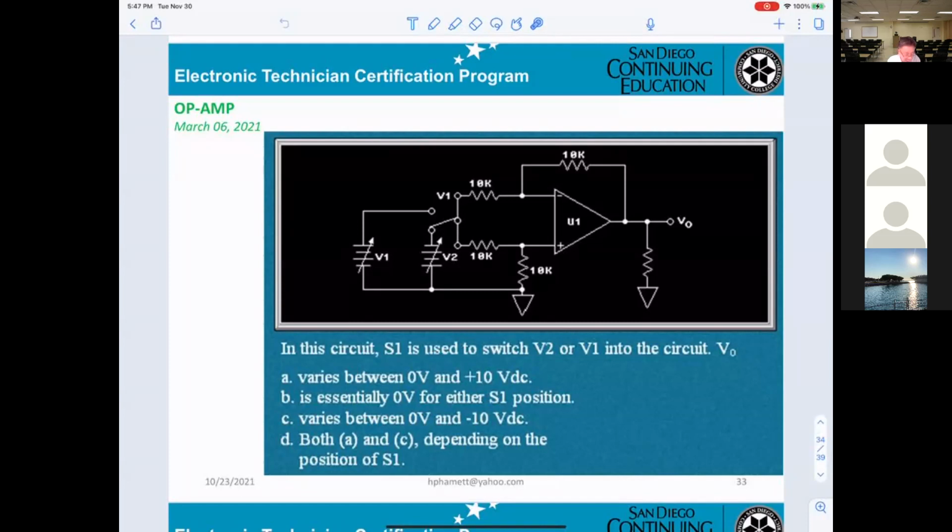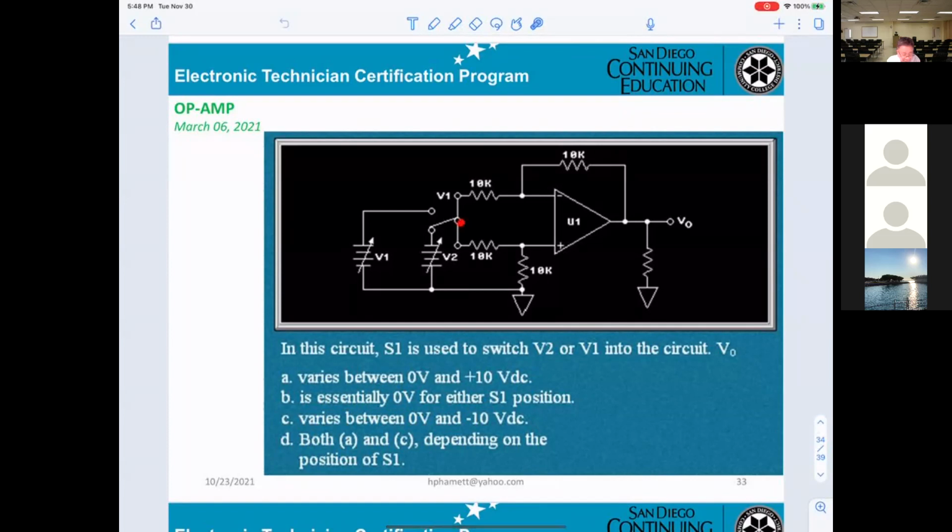Then V out: A, varies between 0 and plus 10 volt; B, is essentially 0 for either S1 position; C, varies between 0 and minus 10 volt; D, both A and C depend on the position of S1.